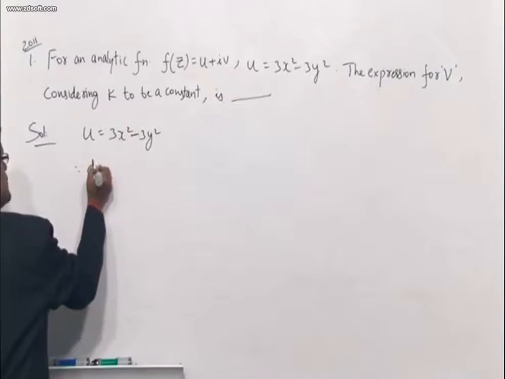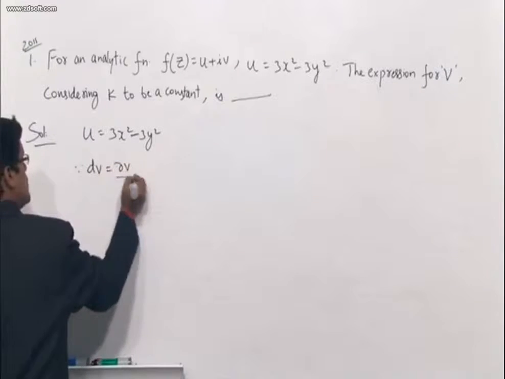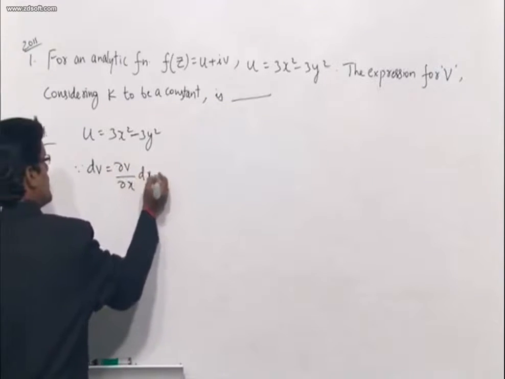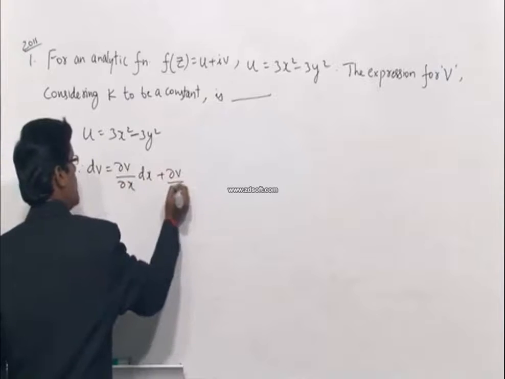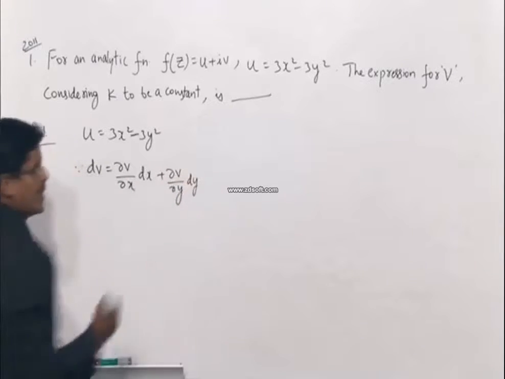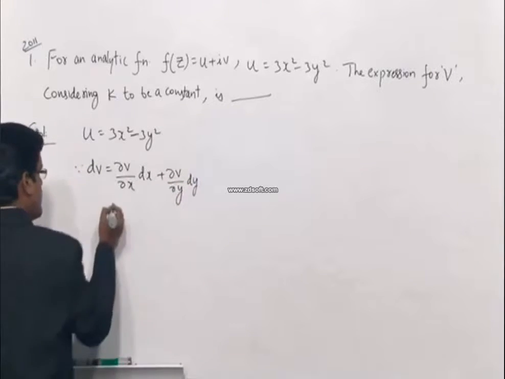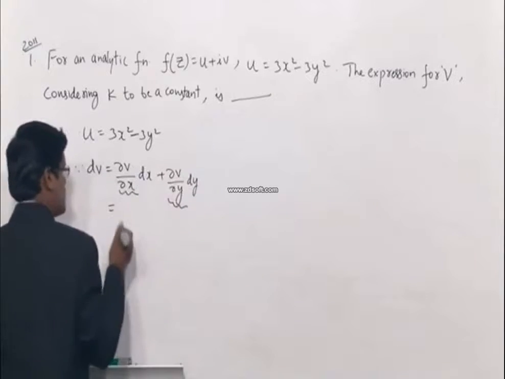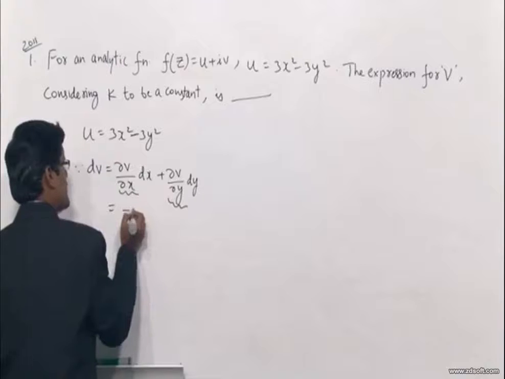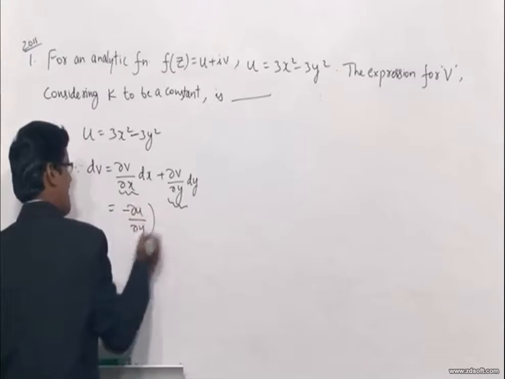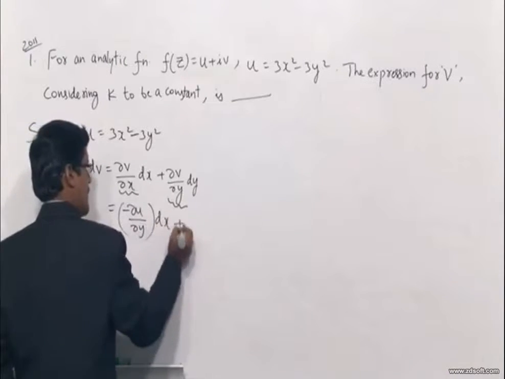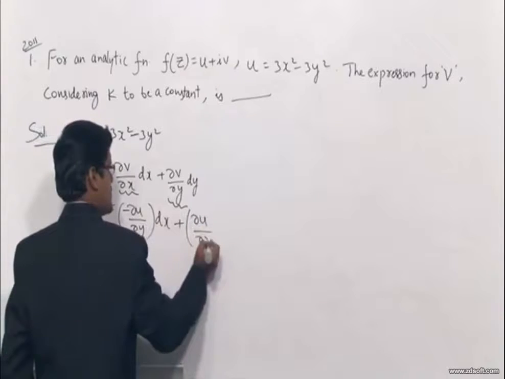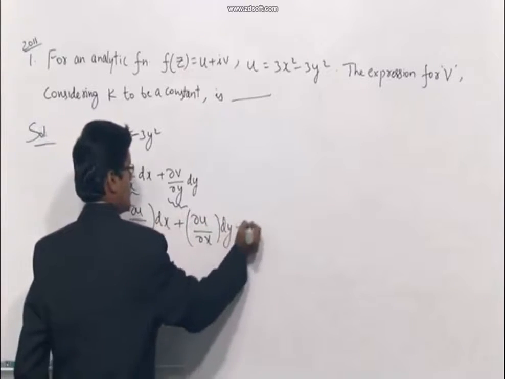Since dv is equal to dou v by dou x dx plus dou v by dou y dy. Because we are going to find v, using CR equations we change these terms with the help of CR equations: minus dou u by dou y into dx plus dou u by dou x into dy.